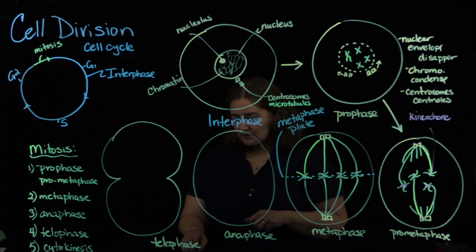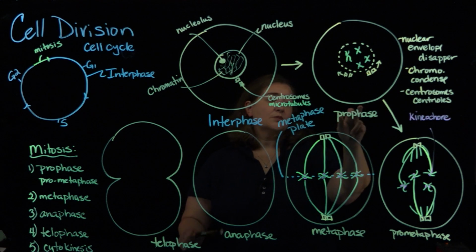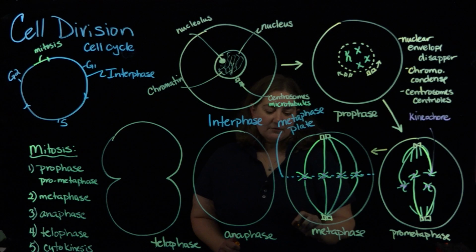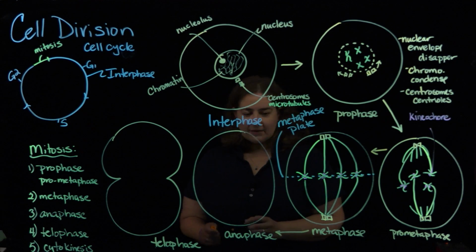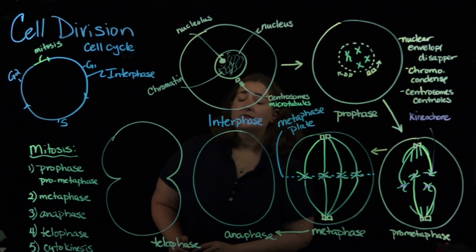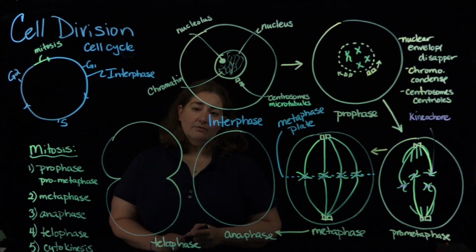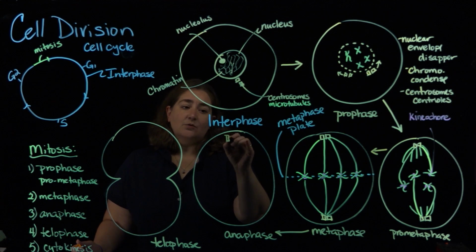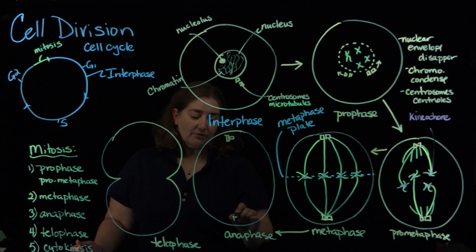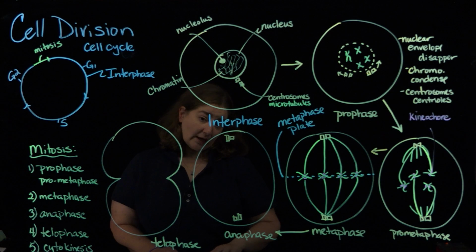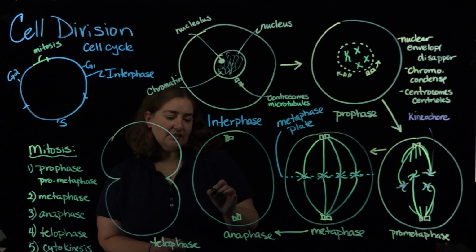So we went interphase to prophase, prophase to prometaphase, prometaphase to metaphase. Metaphase now is going to go into anaphase. And this is the really dynamic part of mitosis. I have a video embedded in the PowerPoints for you to look at. I think it's really neat.